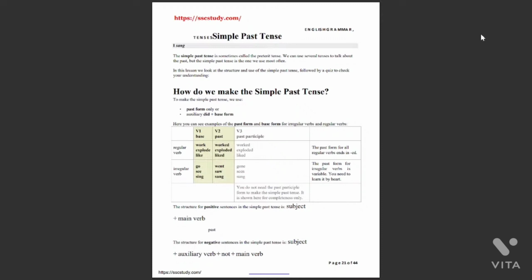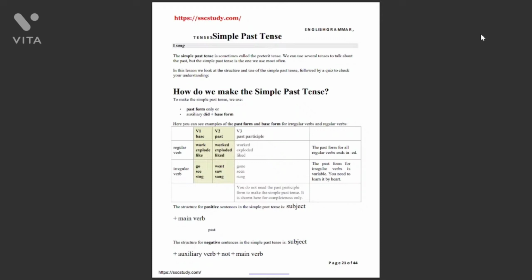V1 is mentioned as verb 1, V2 is the verb past tense. We already know that V1, V2, V3, right? The same way, here regular verbs like work, explode, like are V1s. When V1 changes to V2, it goes into the past, like work, worked, and the participle is worked again.